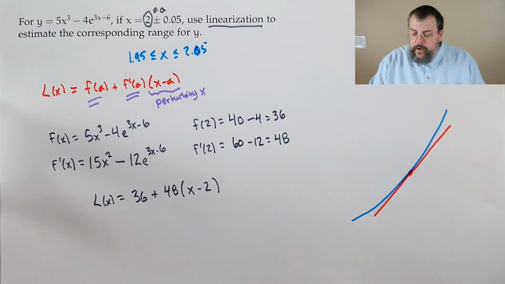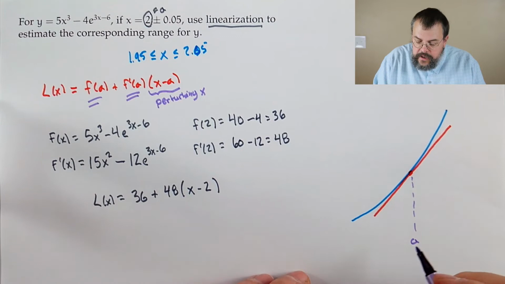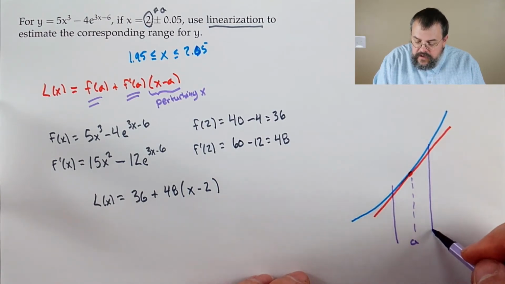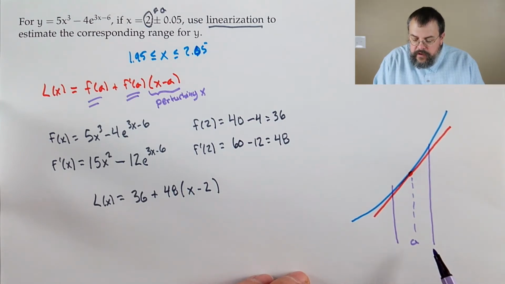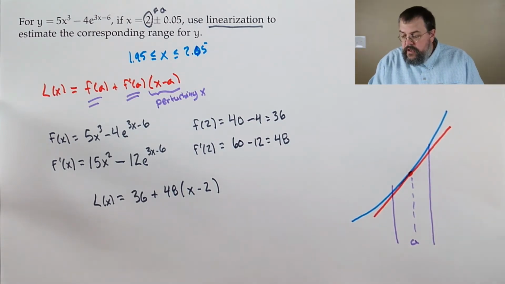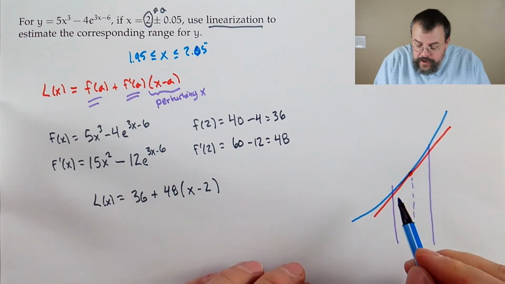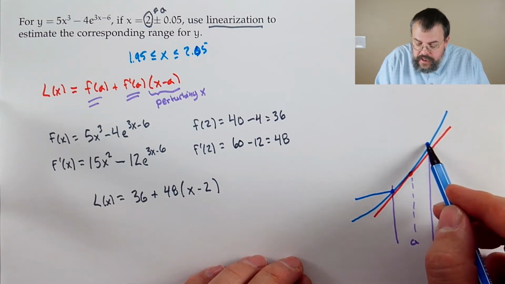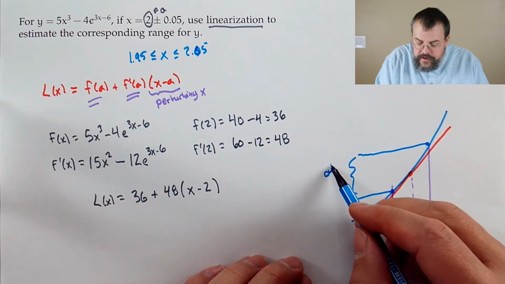Now, at our point A, which is our tangency, we're going to go in between, plus or minus a little bit. So this is our A minus a little bit to A plus a little bit. And our goal is to say what's happening to our output. So we're interested in the output of the function, which should be this little piece. This is the output of function.